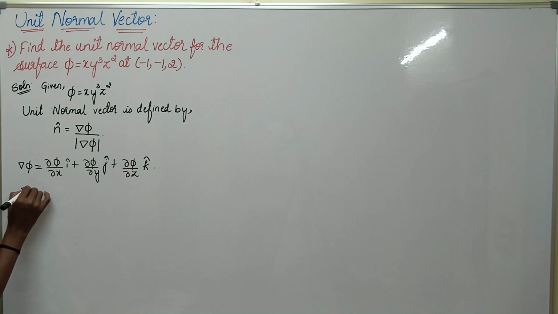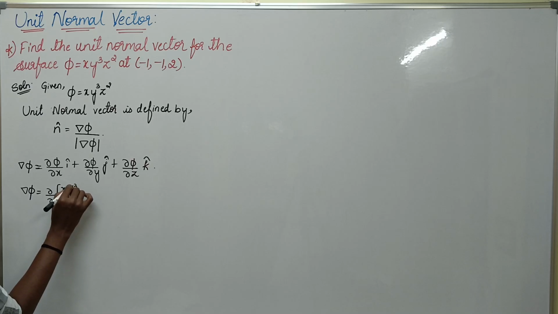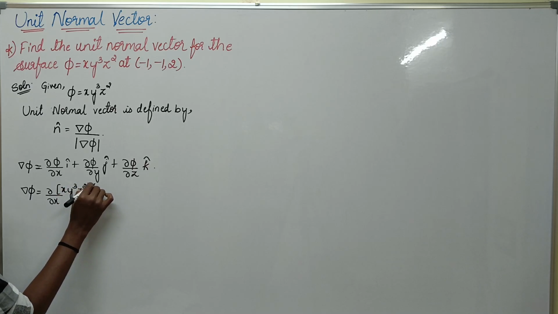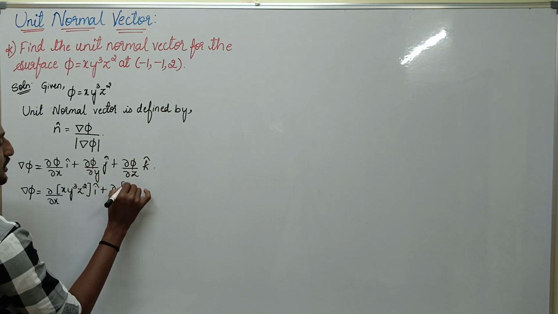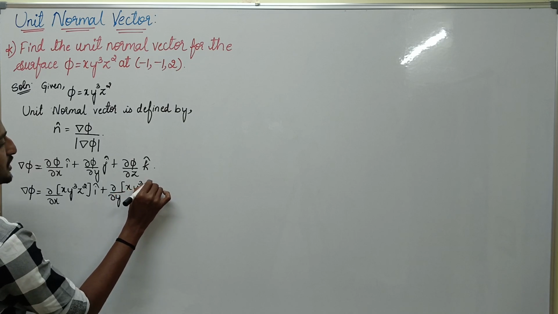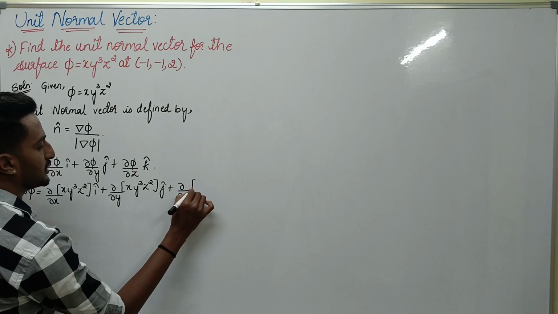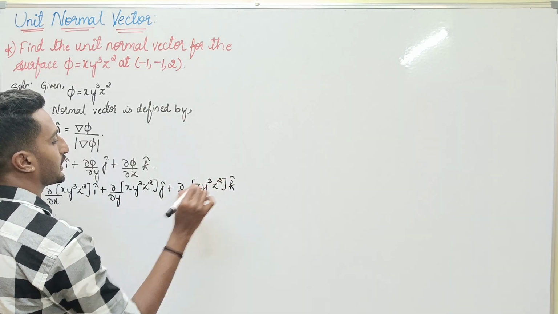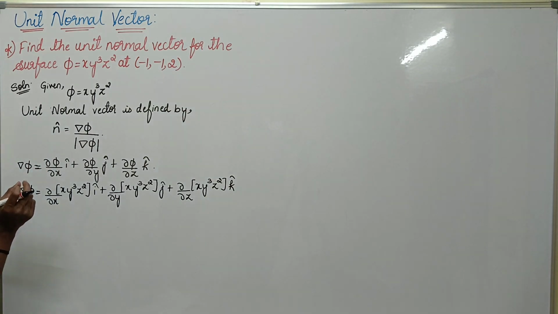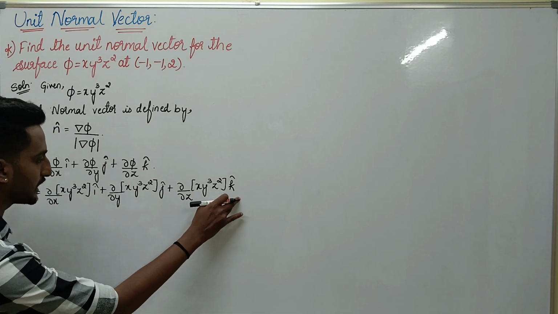That is gradient phi, which is equal to dou by dou x into x y cube z square into i cap plus dou by dou y into x y cube z square j cap plus dou by dou z into x y cube z square k cap. Differentiating each function with respect to x, y, z with respect to direction i, j, k.